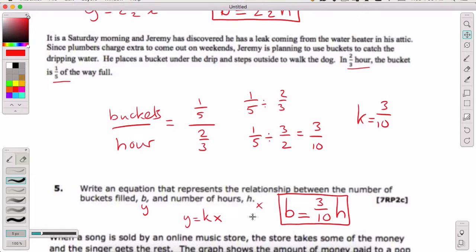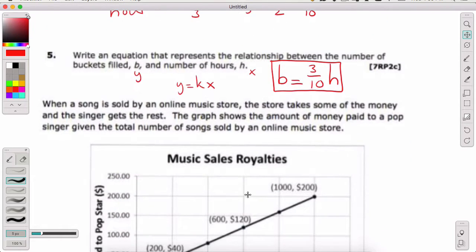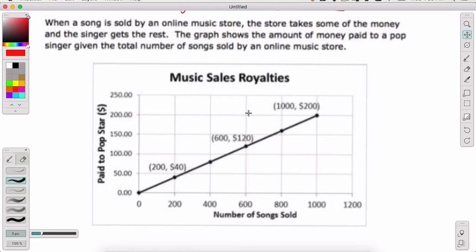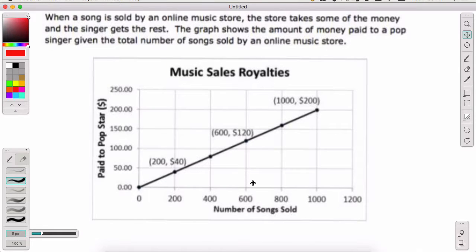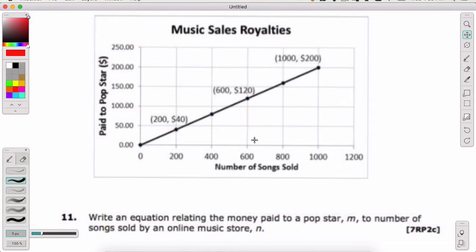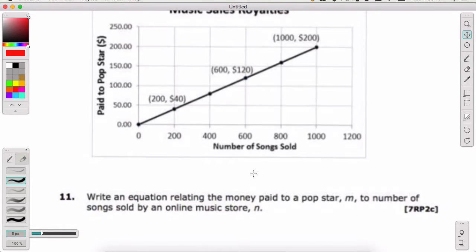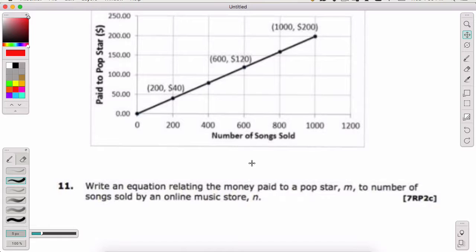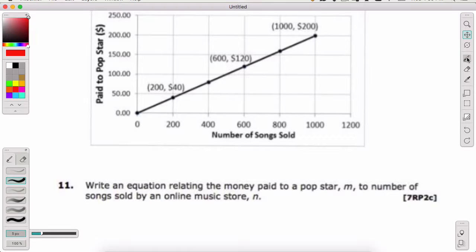The last question on this standard refers to the music songs. This is the question about how much money the pop star gets depending on how many songs are sold. Well, I already know from a previous question that K is the Y number divided by the X number.